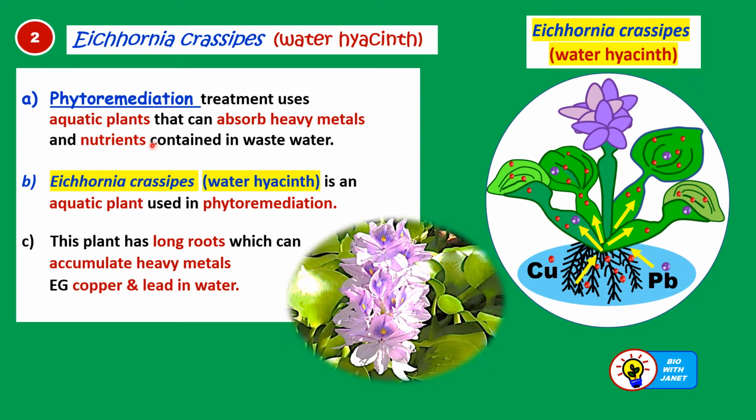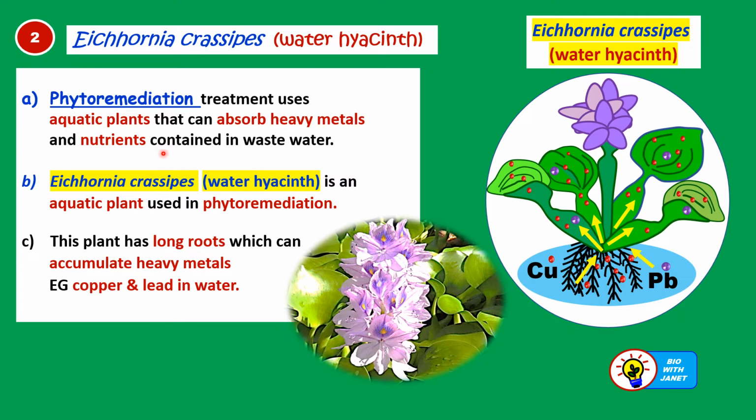For example, the use of fertilizers can cause the release of ammonium ions into the river, ponds and lakes. So all these heavy metals and nutrients, when mixed with water, will form the wastewater that is not suitable for use by humans.